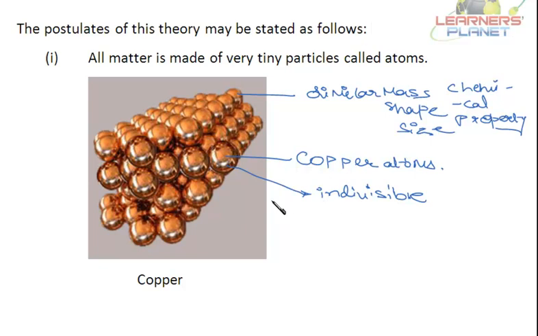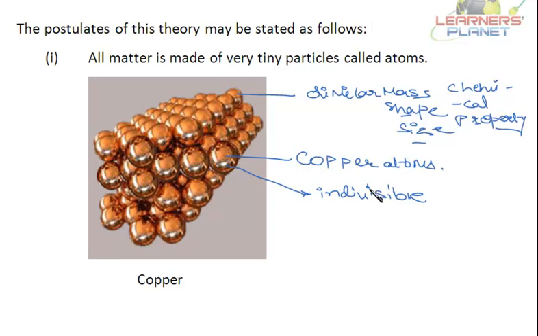Second postulate. Third one is what? The atoms of a particular element, or a given element, or any element, are identical in mass, shape, size and chemical property. Atoms of different elements have got different mass and different chemical properties.